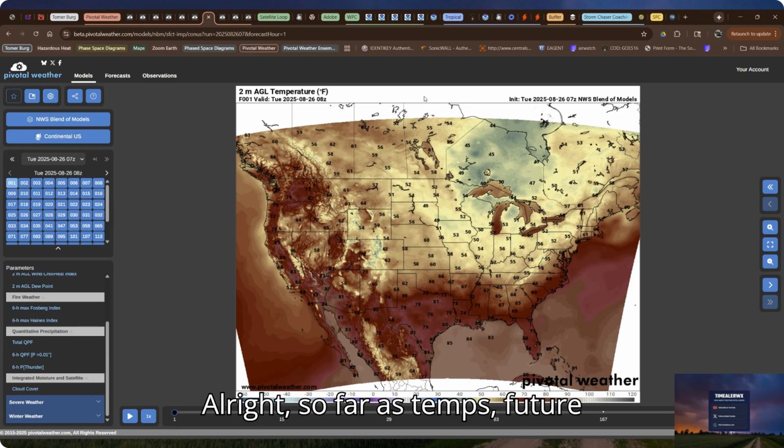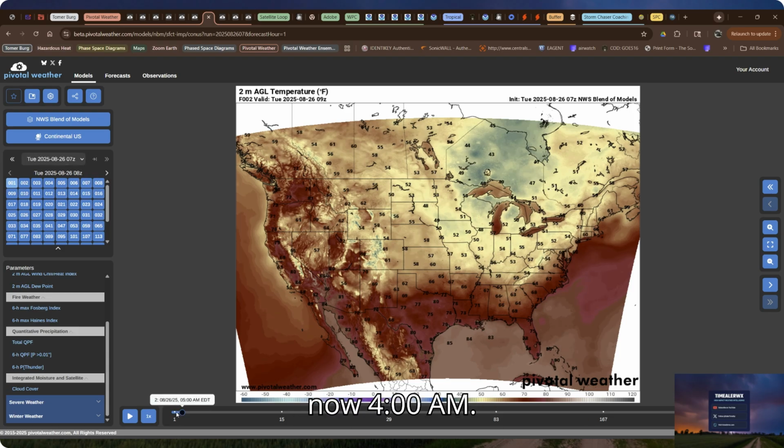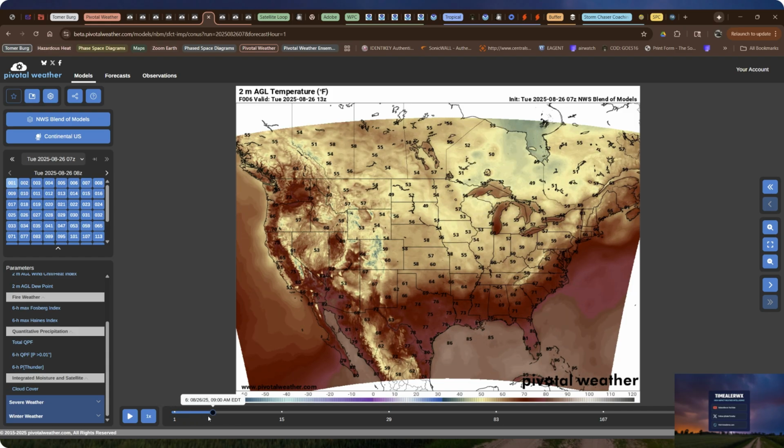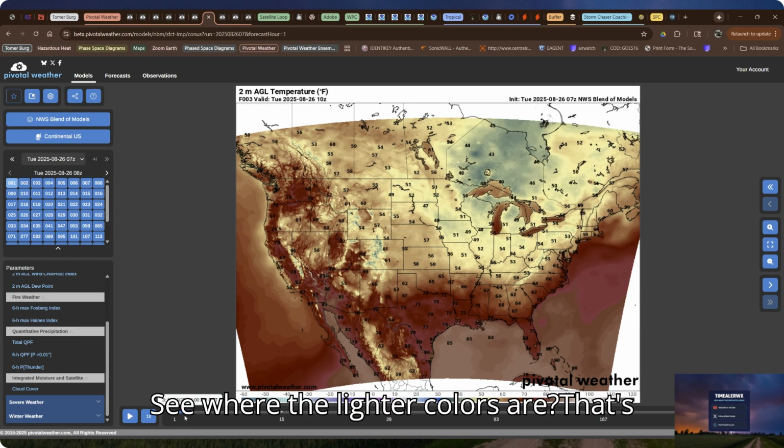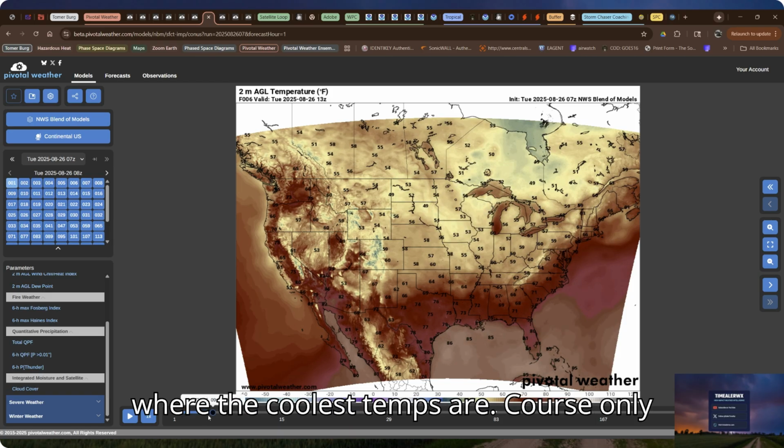All right, so as far as future temps, dew points, and cloud cover, you can see this is more or less the current H26 OHZ, so close to now, 4 a.m. See where the lighter colors are? That's where the coolest temps are.